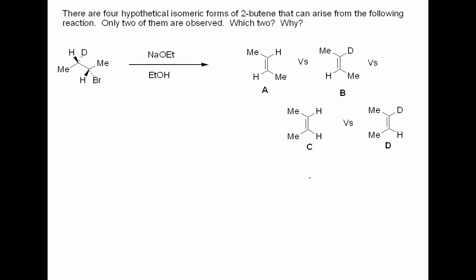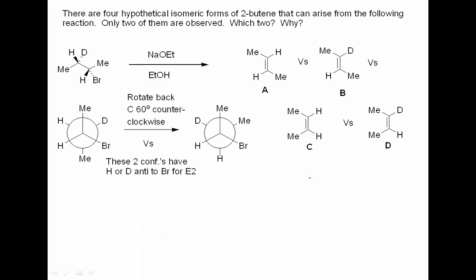All right, so let's look at this molecule in its Newman projection. All right, so we have to have a hydrogen or a deuterium anti to bromine to do the E2, right?